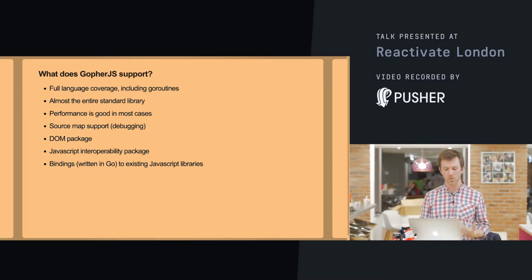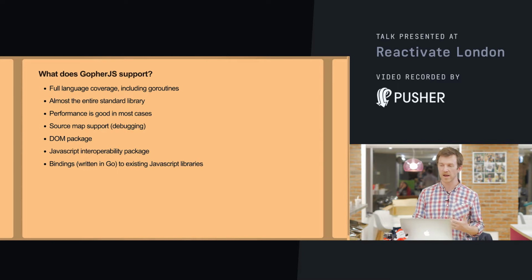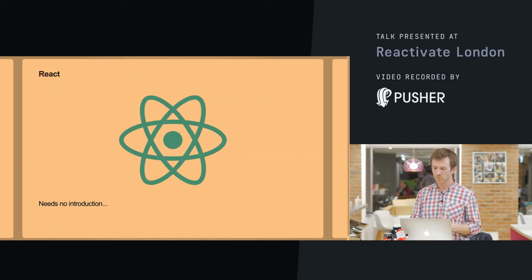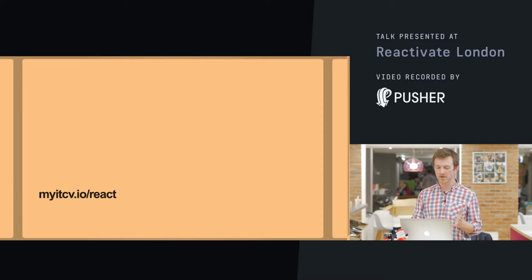So that's exactly where the React side of things comes in. React needs absolutely no introduction to everybody in here, but myitcv.io/react is a Go package that is those bindings, the wrapper, if you like, around the React package. So that then just allows anybody else to write Go code using this package, use Gopher.js to then compile the result and have that result then run within the browser.